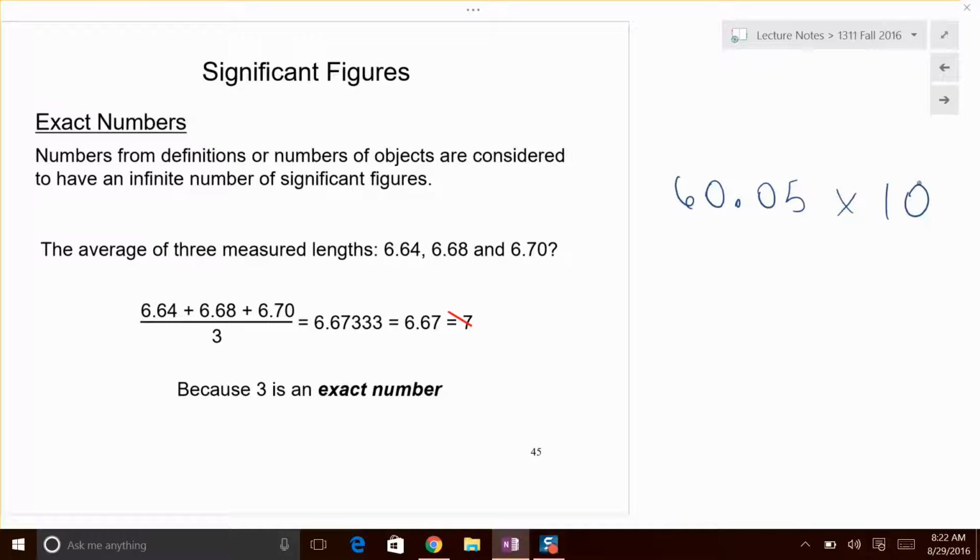That's exact. So there's no uncertainty in that number 3. So when I take the average here and I divide by 3, I do not report my answer to 7. I report it to 1, 2, 3 significant digits. Because this is my data.